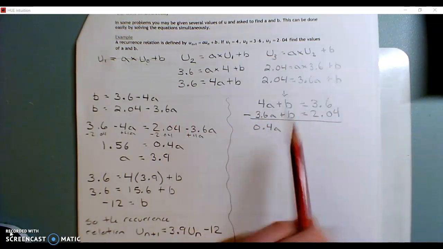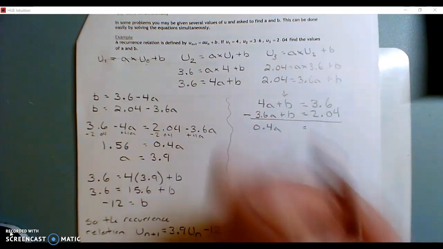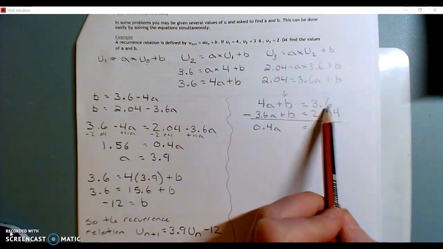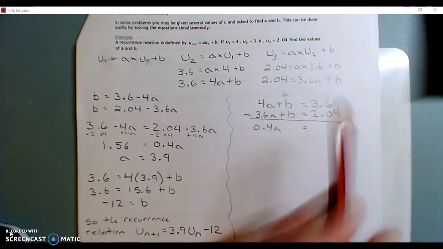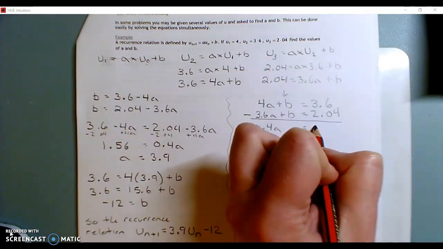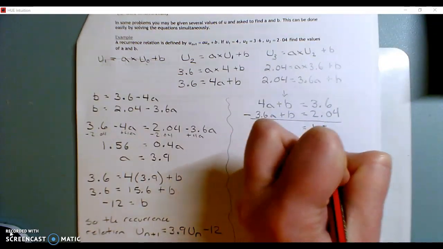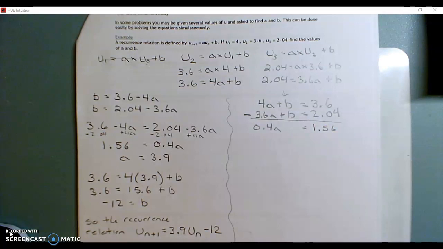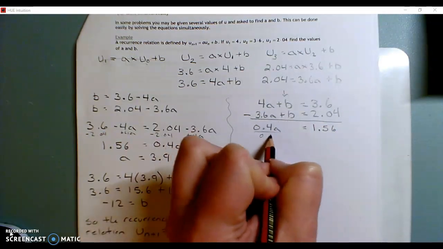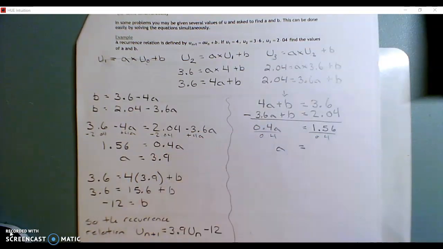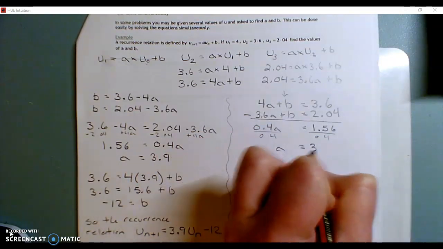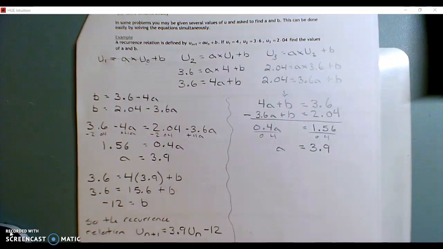B minus B is 0. 3.6 minus 2.04 is going to give me 1.56. And then we'll divide both sides by 0.4, and I will get A = 3.9.